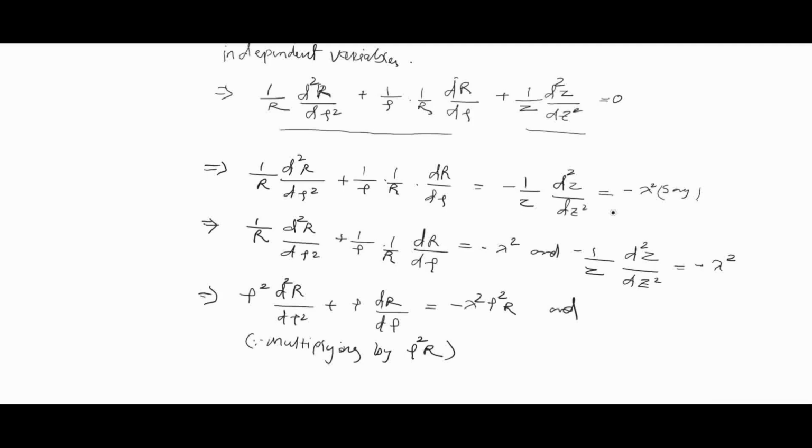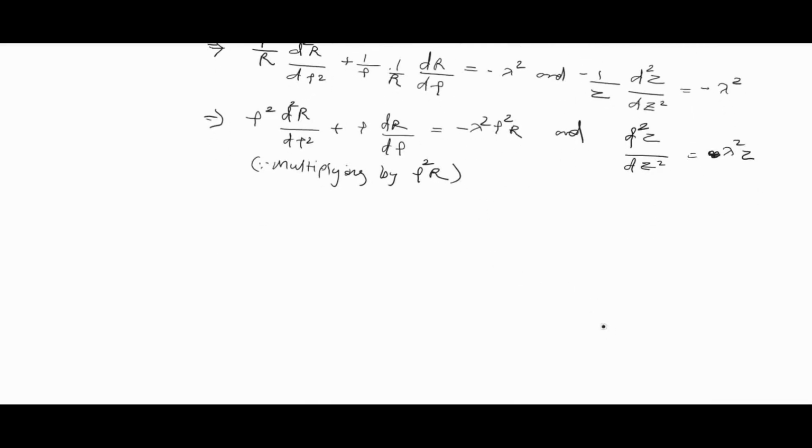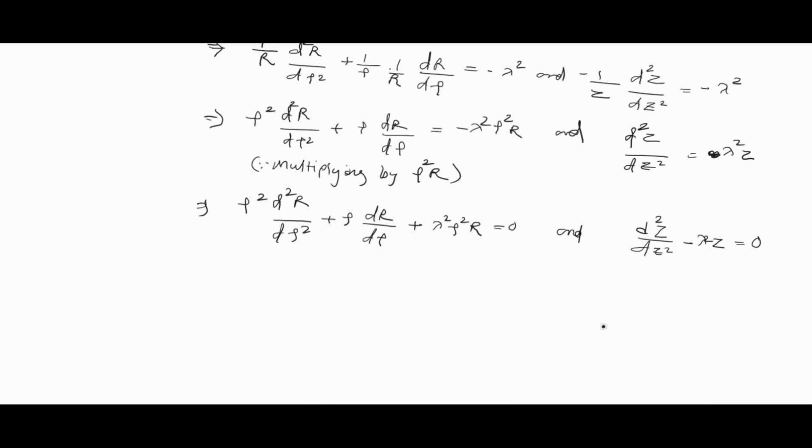On the right side, minus minus cancels, Z comes to this side, and you will get d²Z/dz² is equal to lambda squared Z. Now rearrange the terms: ρ² d²R/dρ² plus ρ dR/dρ plus lambda squared ρ²R is equal to 0, and d²Z/dz² minus lambda squared Z is equal to 0.